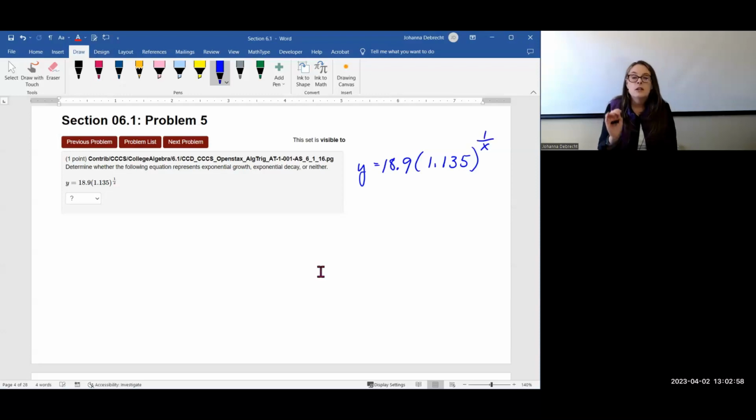But look at that power up here. That is not linear. This is not a line. 1 divided by x is a rational function, which we've just completed studying. So you know that this is not actually exponential. It is something totally different.